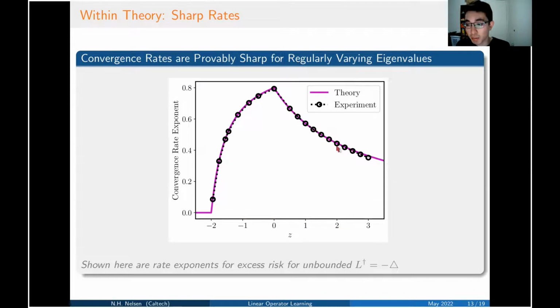You can see that experimentally, which is these black dots, it's essentially perfectly matching the purple theoretical curve that we've plotted here. And so this is just showing the sharpness of the convergence rate in this particular polynomial eigenvalue setting.